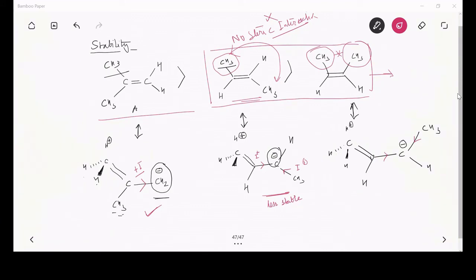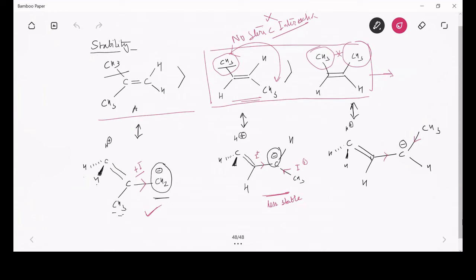There is another thing about E2 reaction which I should mention. When an E2 mechanism is happening, suppose we have a reaction going on.